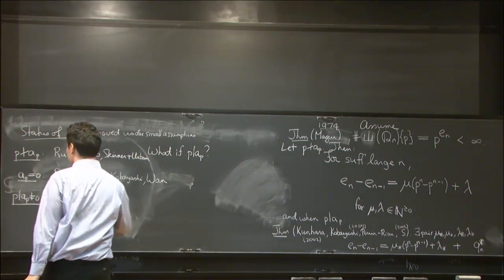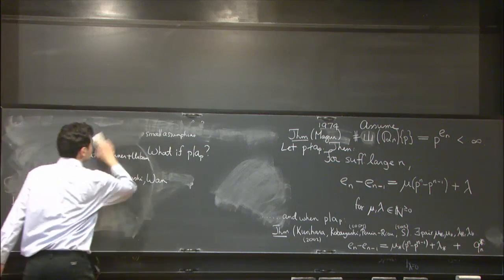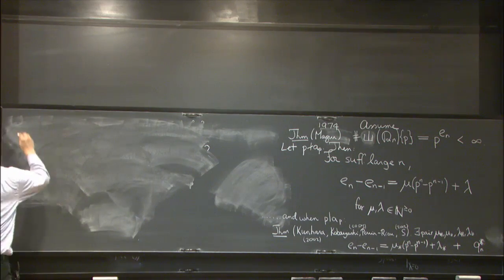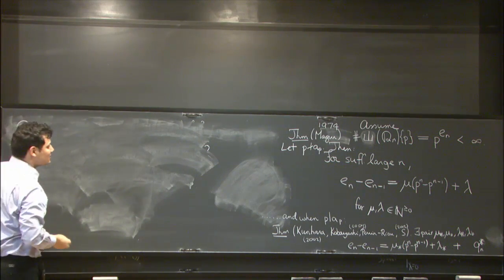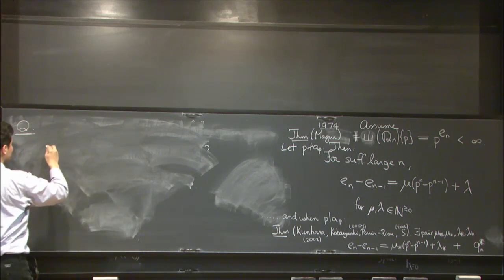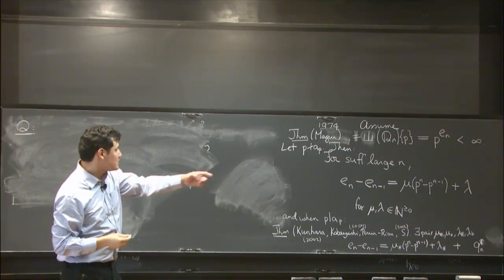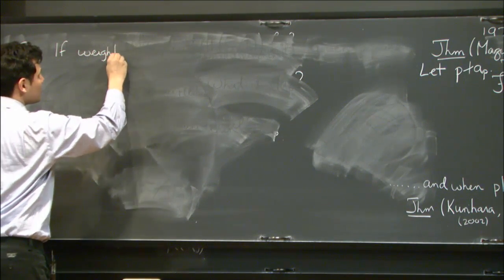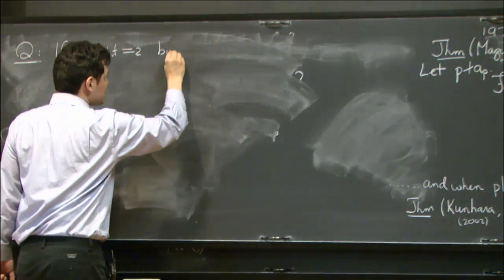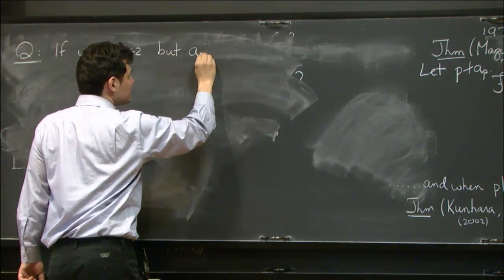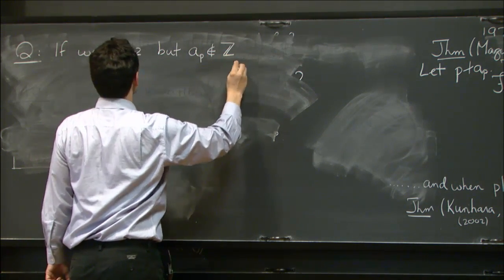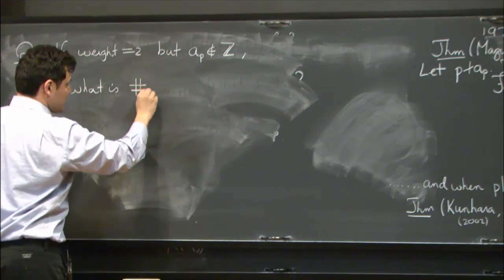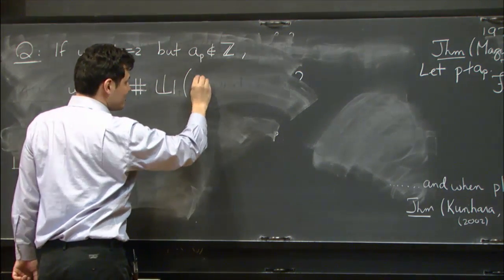So now we can ask ourselves the question: what is the size of Sha equal to when, let's say, the weight is still 2? But A_P is not in Z. So you can again define a Tate-Fourier group for this modular form.